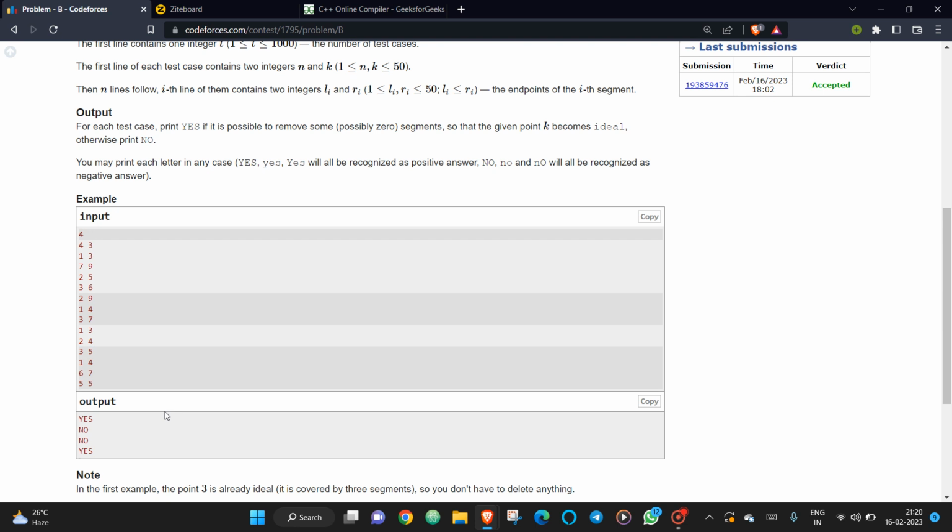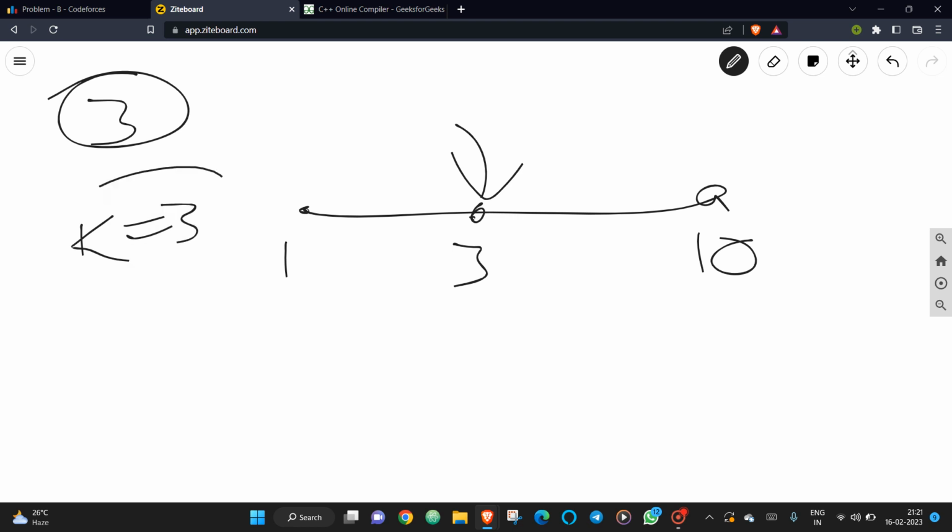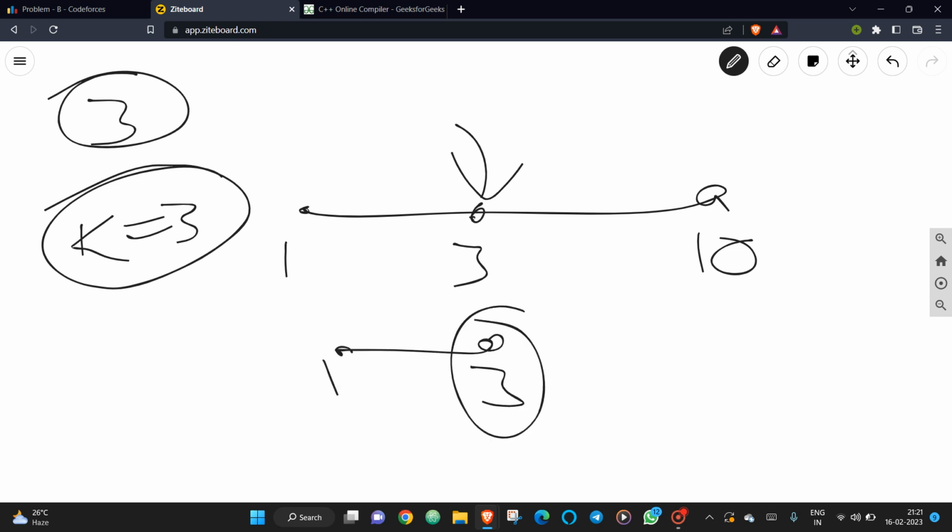So whatever ranges he is giving you, you need to check whether your k is acting as an endpoint at least 2 times in the x and y coordinates. If you have observed sample case 1, then in 1 to 3, our 3 is acting as an endpoint, and in 3 to 6, our 3 is acting as an endpoint, right?